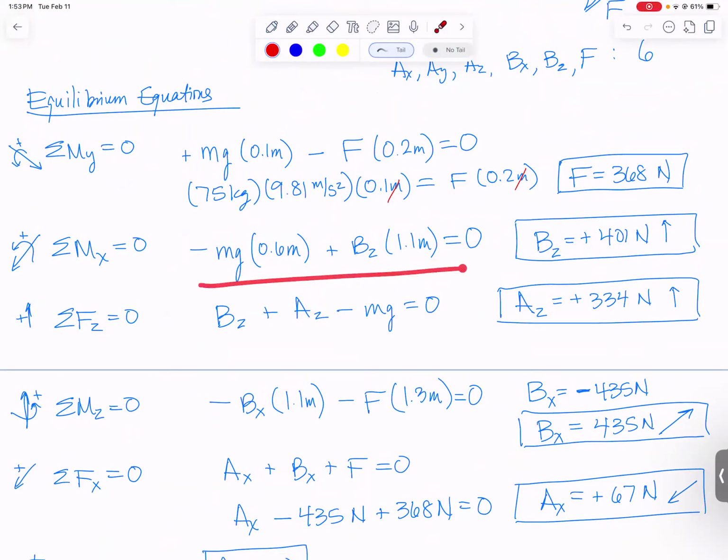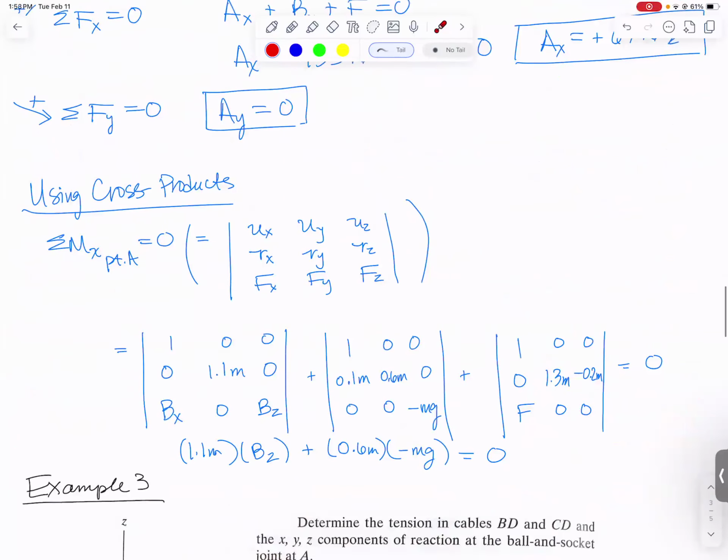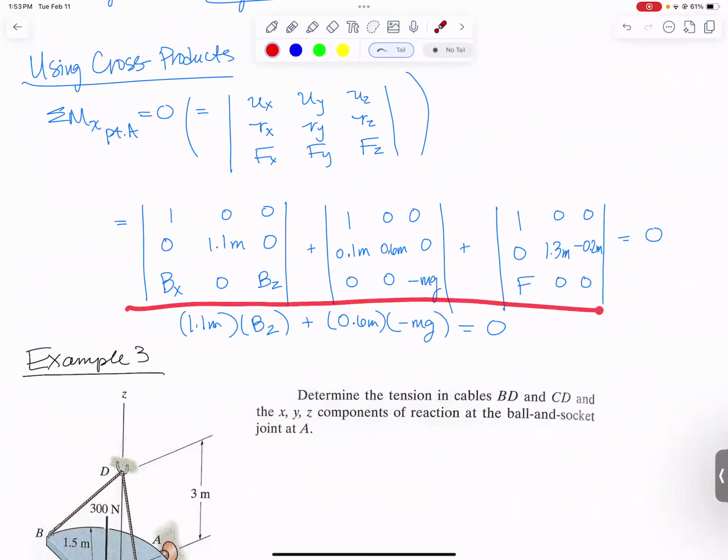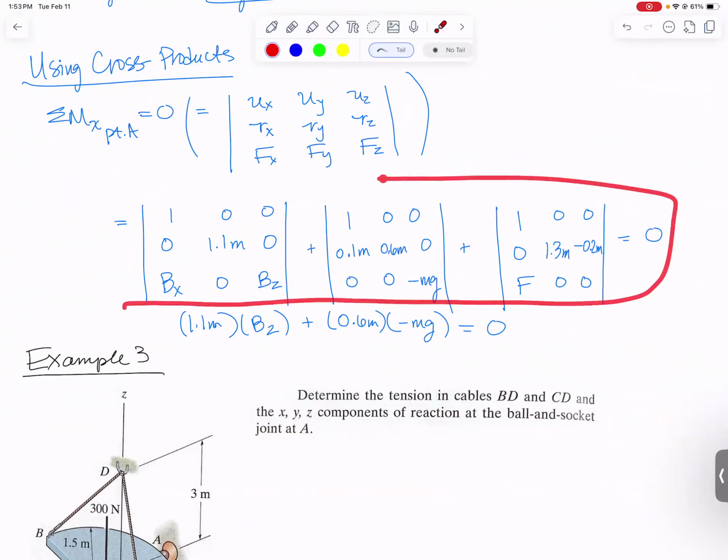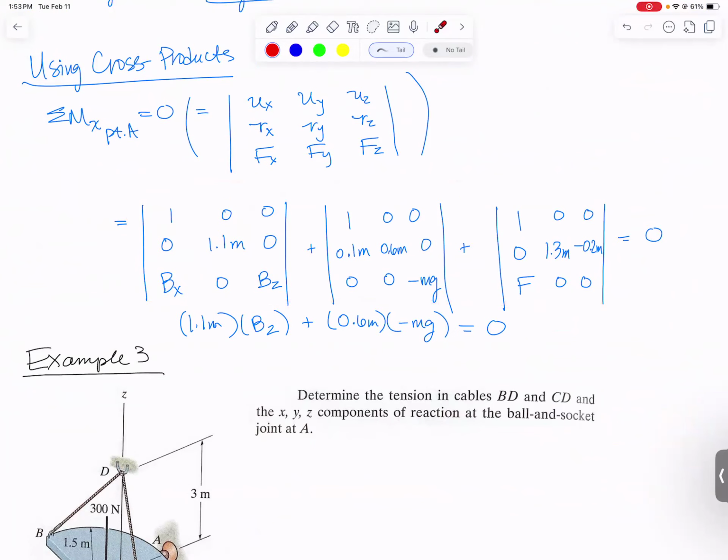So if finding perpendicular distances and figuring out if it's positive or negative works well for you, go for it this way. If this is difficult for you, please feel free to write it out using cross products and do this math. Here's the nice thing about this. This will work to get me the moment about the x-axis. Guess what needs to change if I want to find the moments about the y-axis through point A?